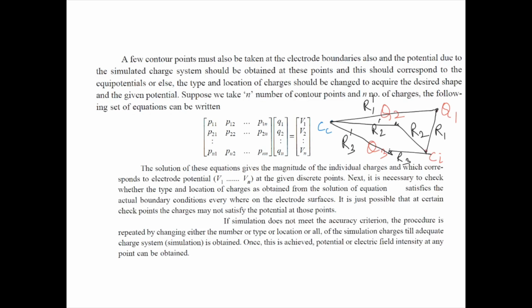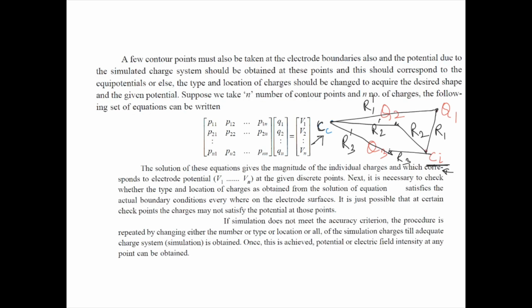So CC represents the checkpoint, whereas CI represents the contour point. The potential at the contour point is known to us, and the potential at the checkpoint is also known to us. So in the first step, we estimated the value of Q1, Q2 and Q3 by knowing the electric potential at Ci and other similar points like Cj and Ck.